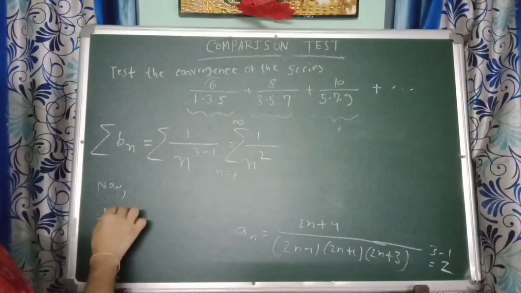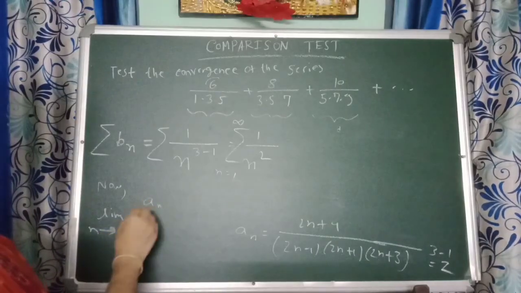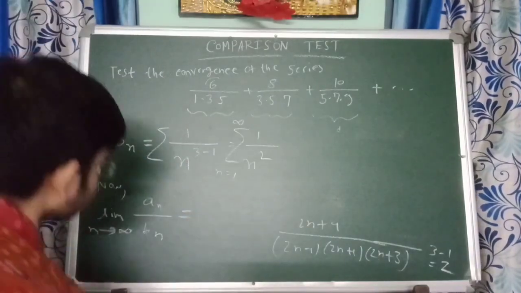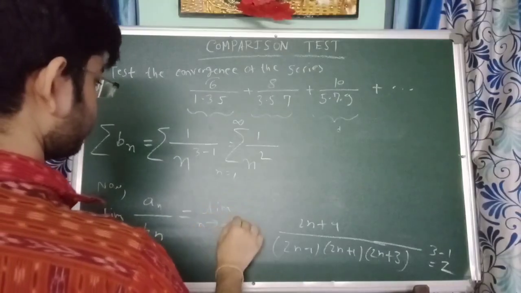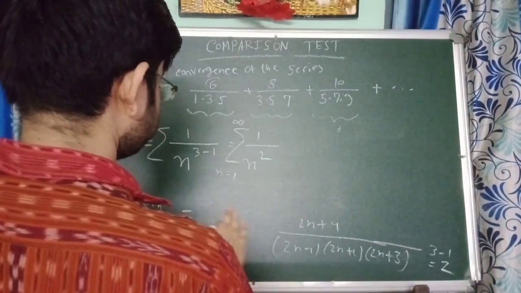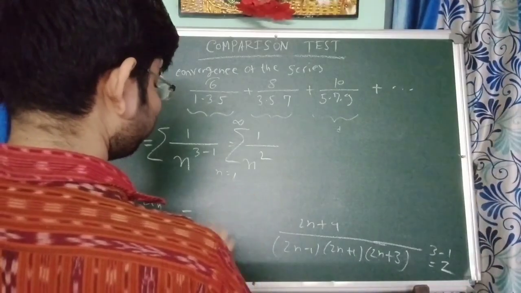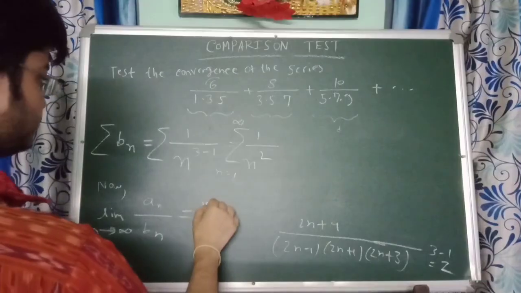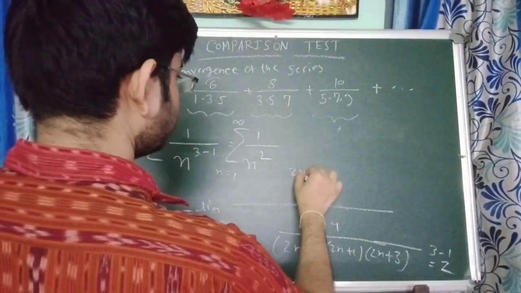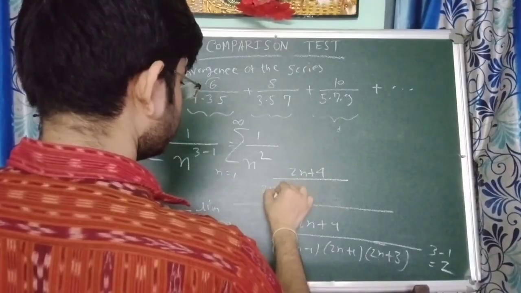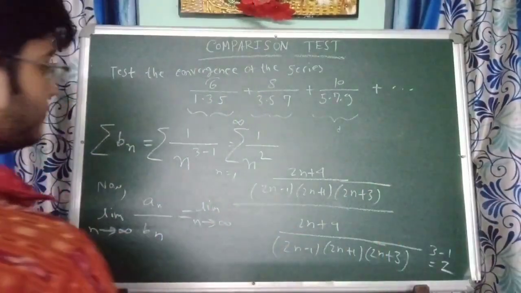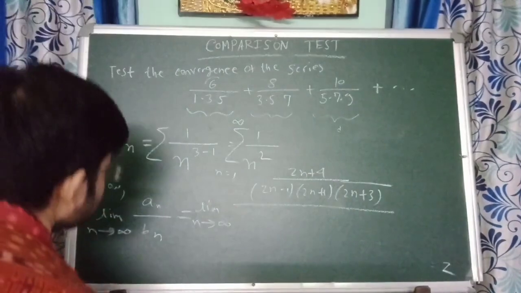Now taking the limiting value of an by bn, which is 2n plus 4 divided by 2n minus 1, 2n plus 1 into 2n plus 3, divided by bn.